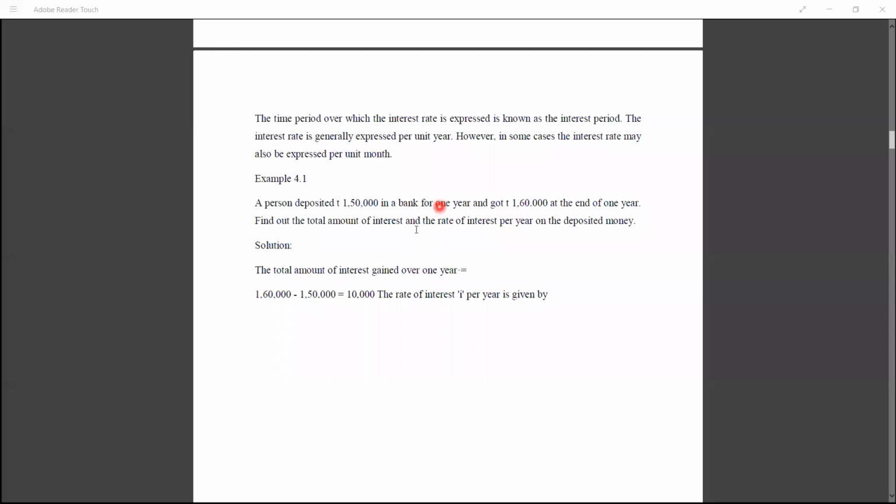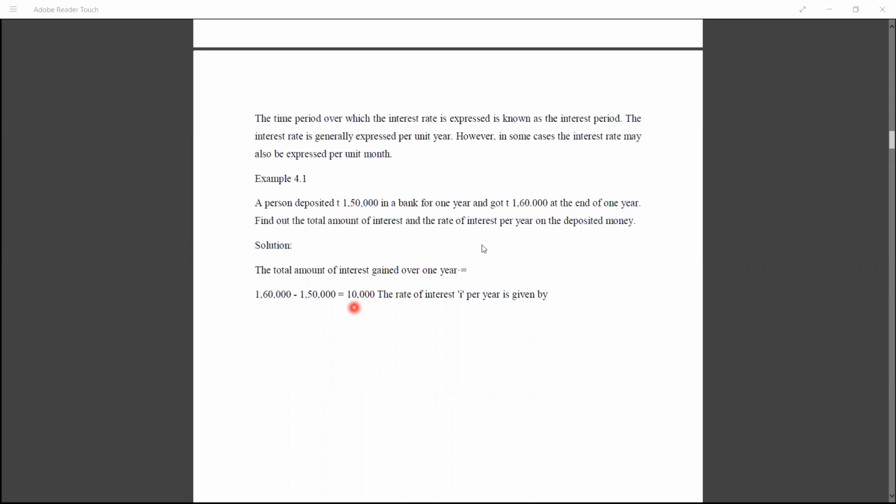Generally the interest rate is calculated with respect to the initial value and the final value. So you need to calculate 160 minus 150. What you have got is the difference of 10,000 rupees.